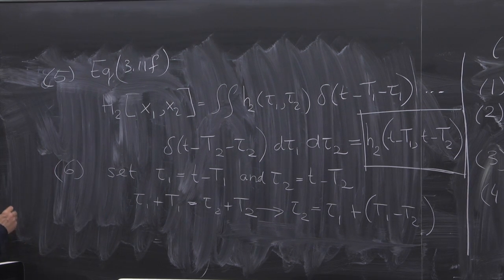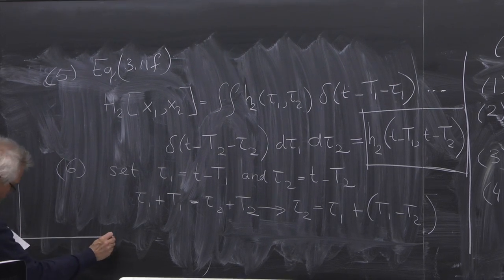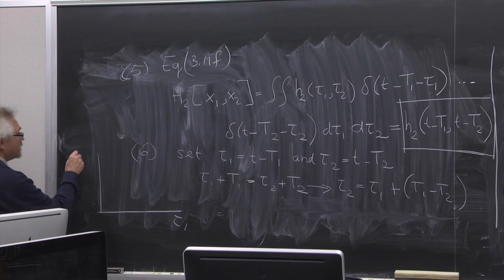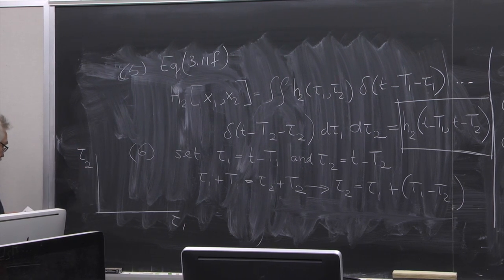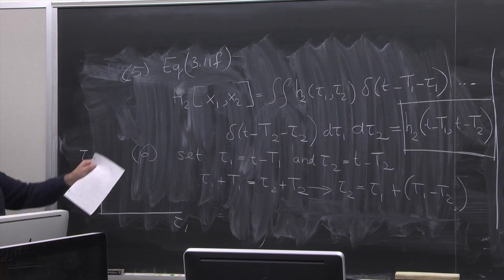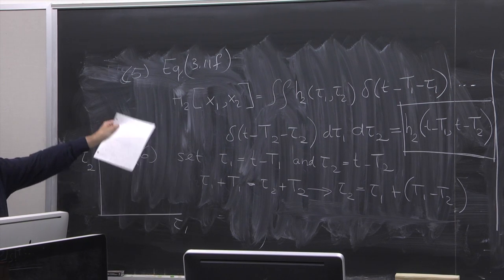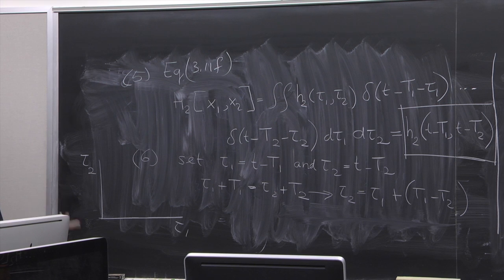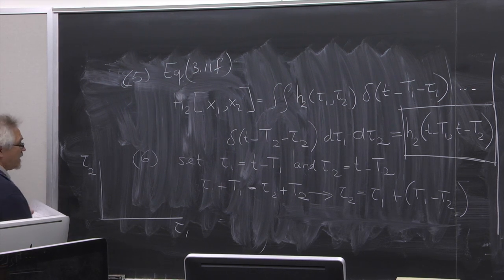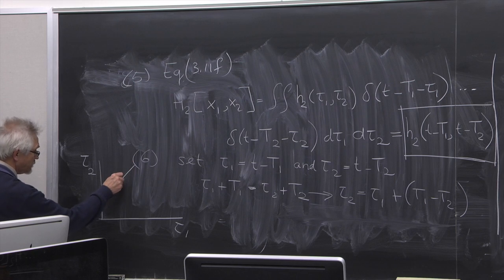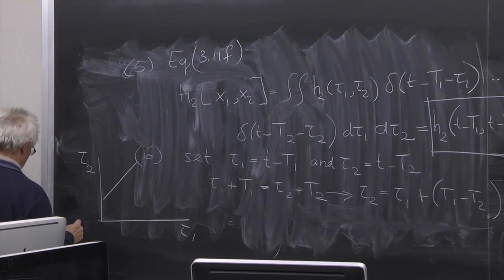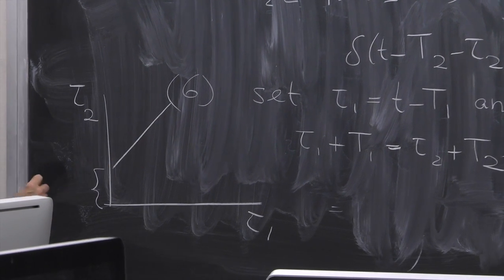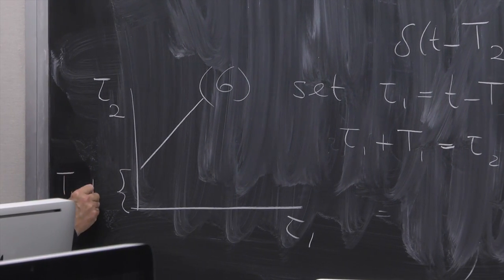By doing this, if this is tau 1 and this is tau 2, every time that I provide a pair of unit impulses with delays t1 and t2, I get a diagonal where the intercept, as you can see, is t1 minus t2.